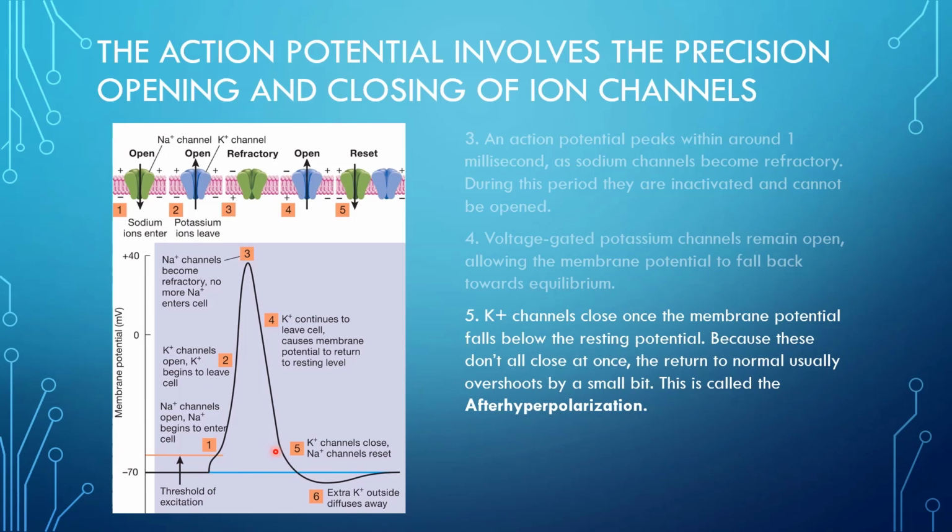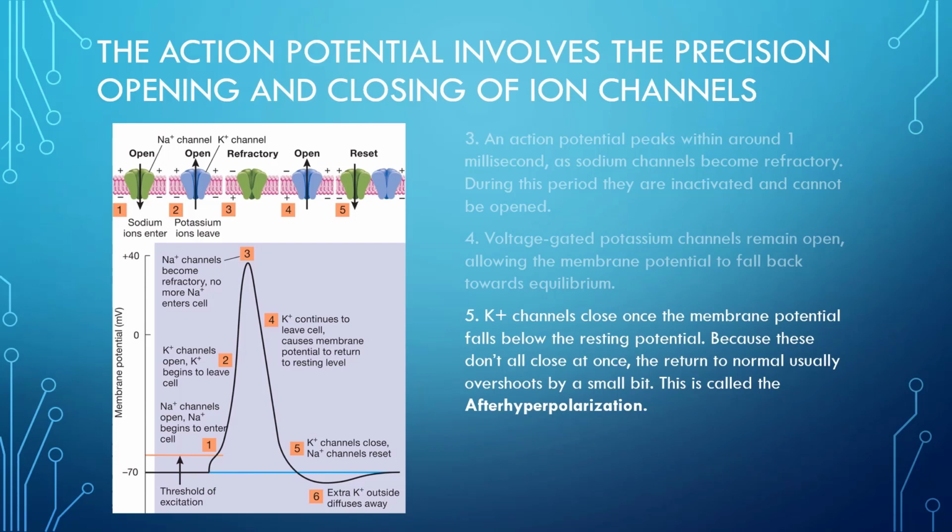And so in almost every case, depending on the neuron and exactly what the potassium channels are and where they are, the neuron will overshoot a little bit. The potassium channels start to close once we get below their lower voltage limit. And then we have this overshooting that we call an after hyperpolarization.